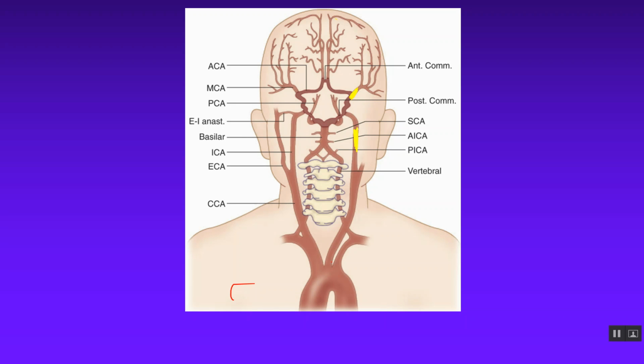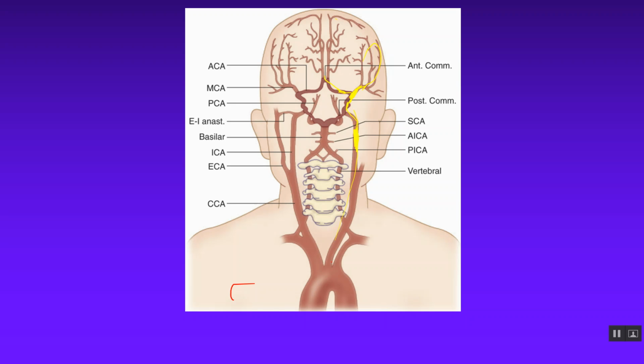Also, if you have an embolus, something like a clot coming from a distant location, and it finds its way up into your cerebrum, it tends to go through the internal carotids. There's a much straighter shot into the middle cerebral artery. It has to make a harder left-hand turn to get up to the anterior cerebral artery. So it's much more common to have a middle cerebral artery stroke.